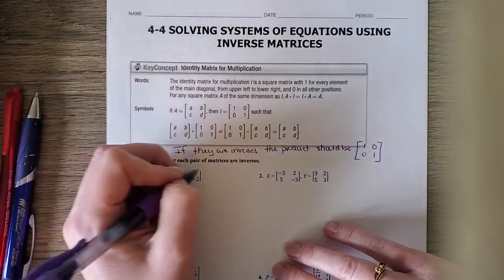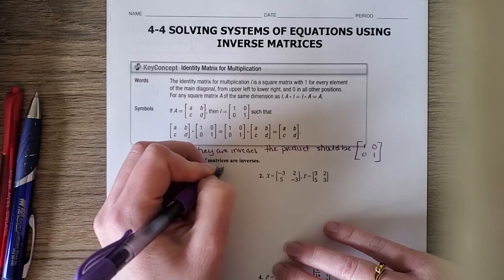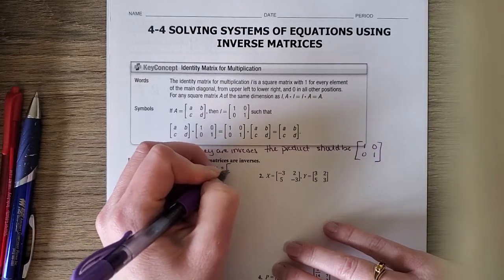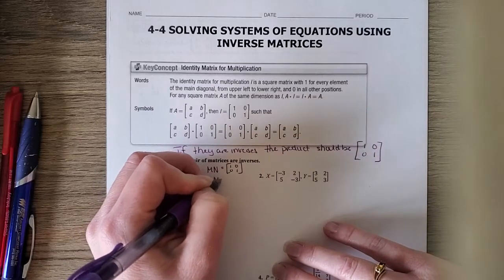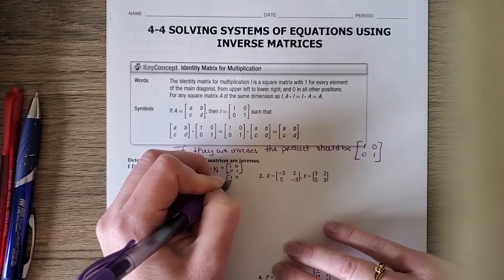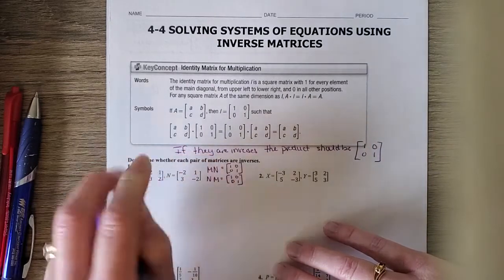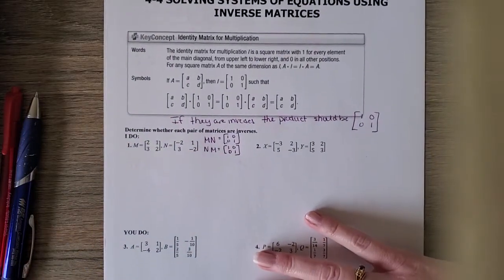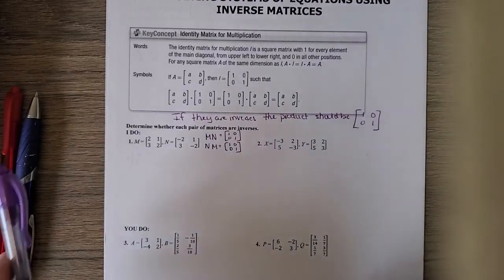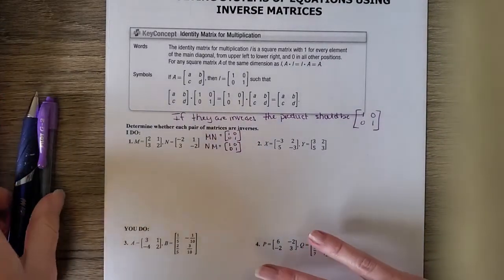So M times N should be an identity, or if you did N times M, you should still get an identity. You can multiply in either order. Typically, I just like to go left to right. If they are inverses, you should get the identity matrix. If they aren't, you will not get it. So let's start checking this out.